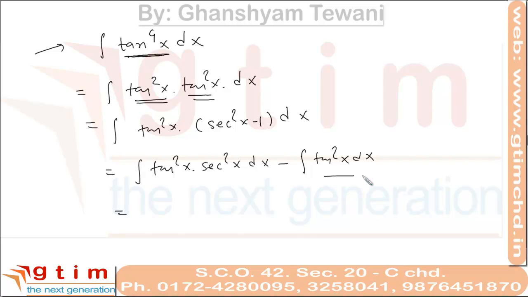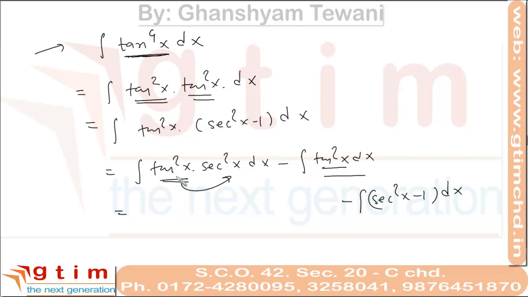This we have done earlier. We can replace this by secant square x minus 1. And what about this? We substitute for what? tan x, whose derivative is available here.